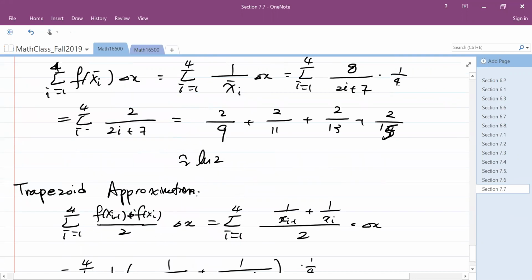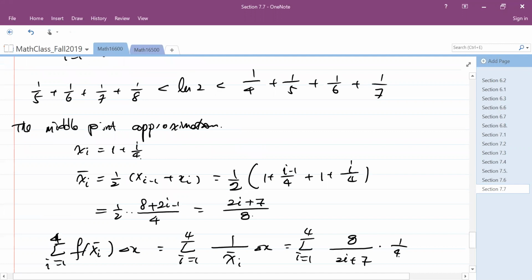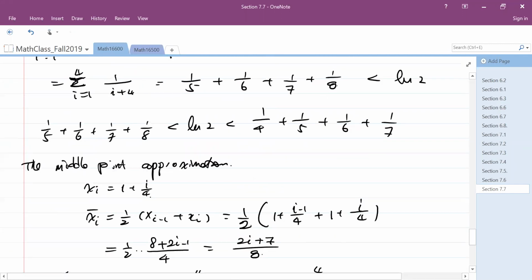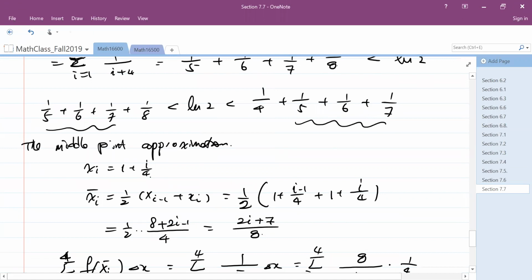Otherwise it's actually just the average of two estimates, one on the right side and the other on the left-hand side. Then there's the overlap part. Just add them together and divide by 2. That's how we get the trapezoid estimate.